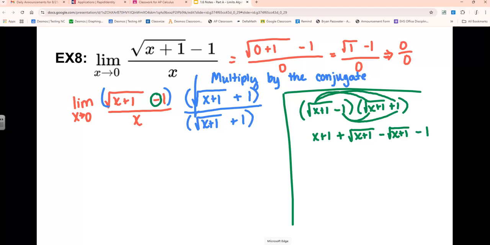And so we're choosing the conjugate because this happens every time right here. If you chose the conjugate correctly, the middle terms cancel out. And those middle terms were your square root terms, right? So in this particular case, that just leaves us with x plus 1 minus 1.